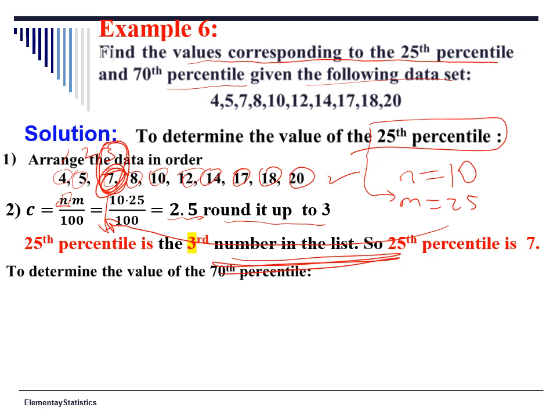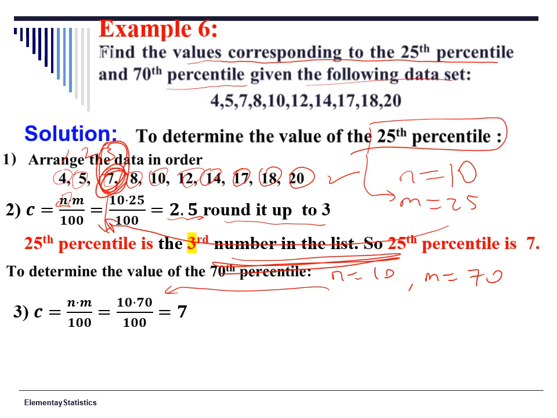Now let's do the same thing. Again, n is 10 and m is 70 here. Then we find C, so we put these values in, and we get 7. As you see, this is a whole number.